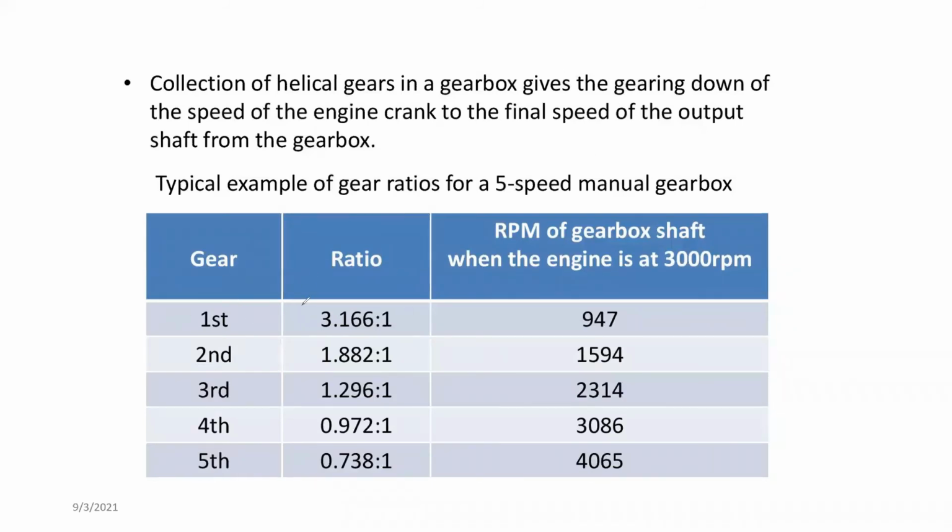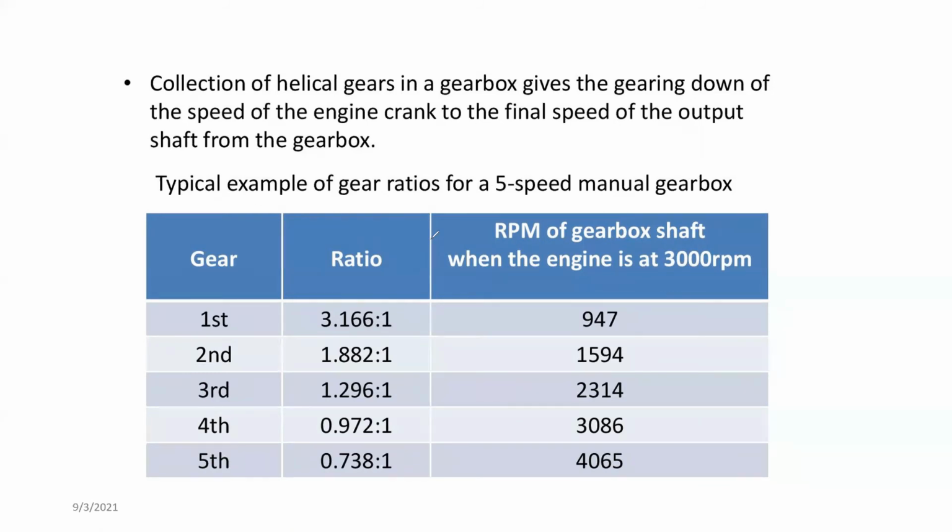In the first gear, the gear ratio is 3.16 to 1. That means when the engine is rotating 3.16 turns, the transmission output shaft will only rotate 1 turn, right?